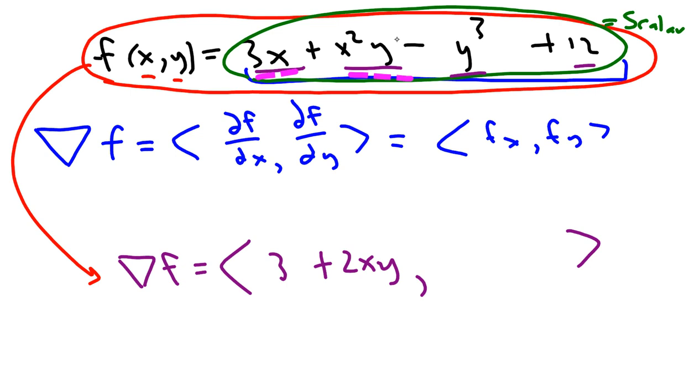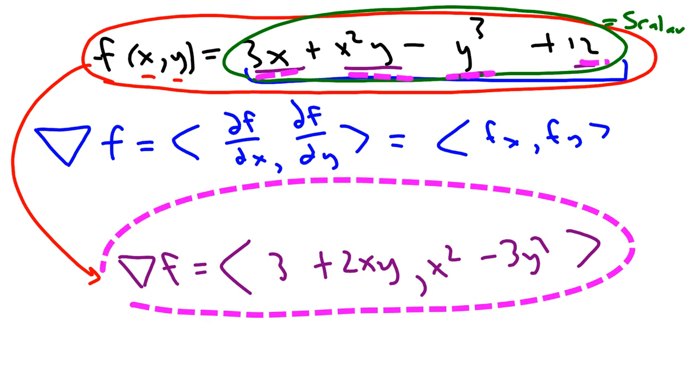The derivative of the second term would just be x squared. And the derivative of that third term, y cubed, would be negative 3y squared. And the derivative of the last term would be 0. So this thing we're looking at here is the gradient vector.